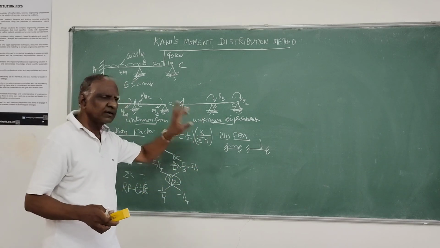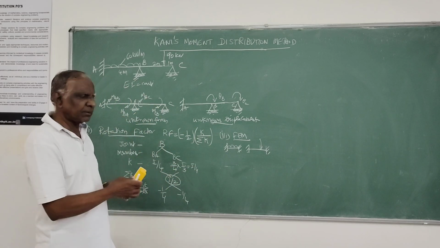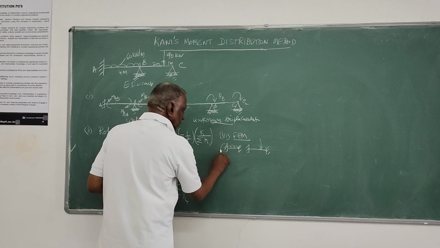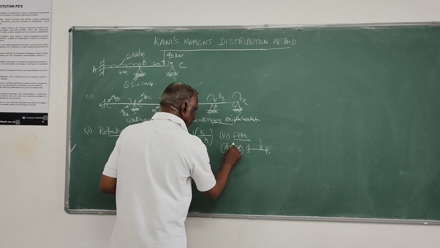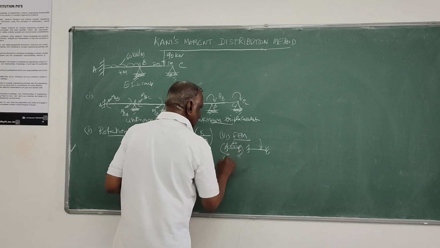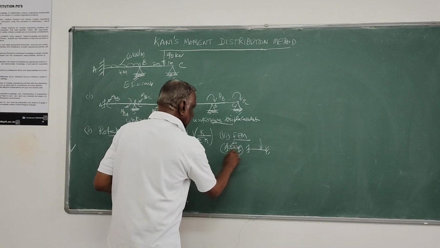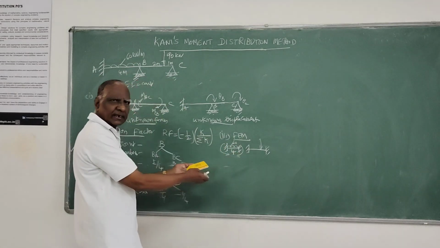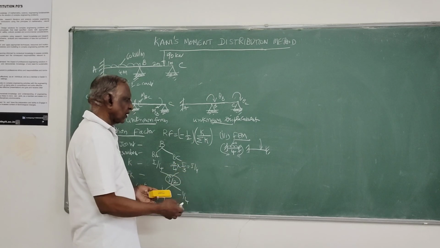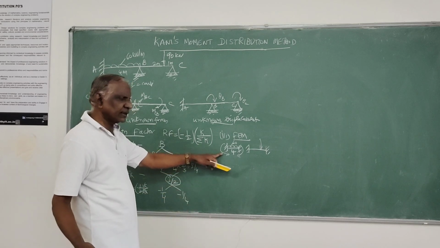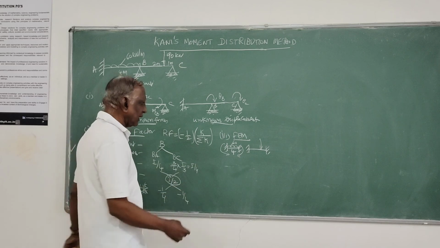So here, first we have to apply no displacement at the joint, that is fixed. Due to whatever loading is there, here the loading is 60 kilonewton per meter, span is 4. The moment developed is by a standard formula which is already circulated to you. It is WL squared by 12 for UDL.